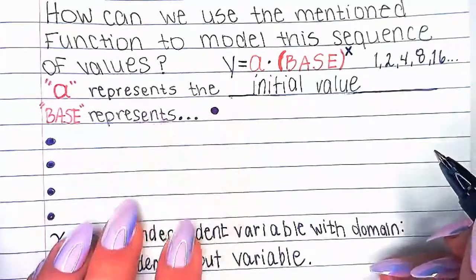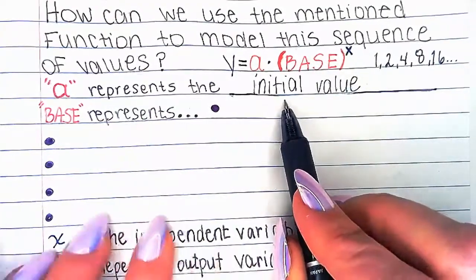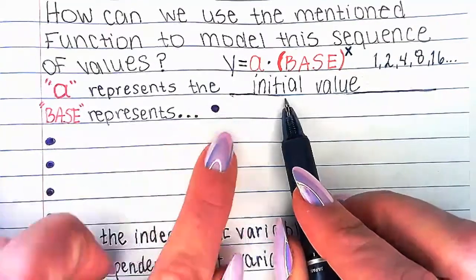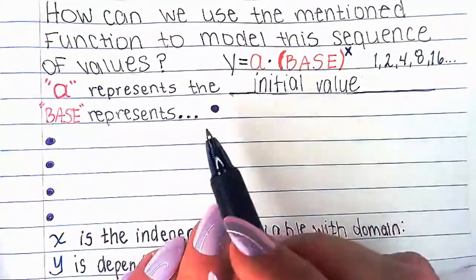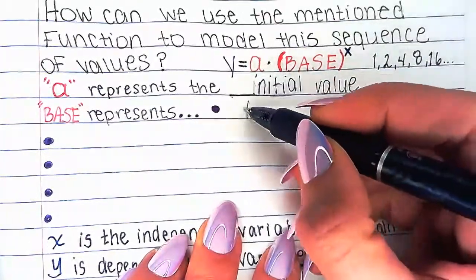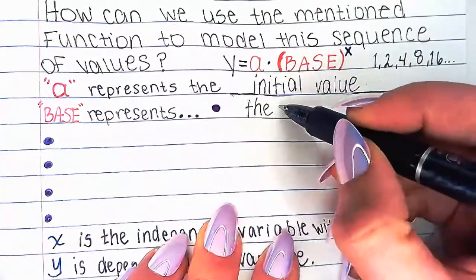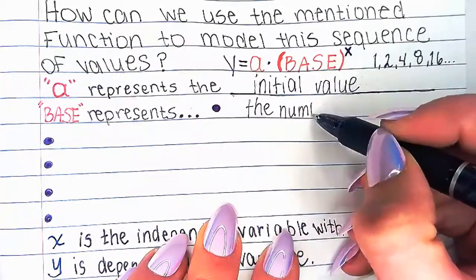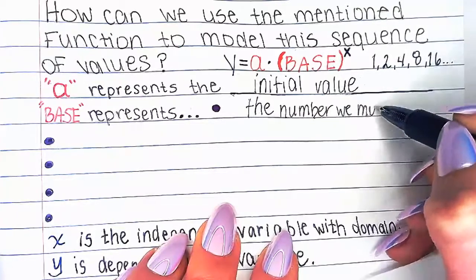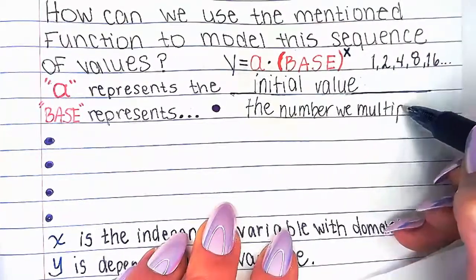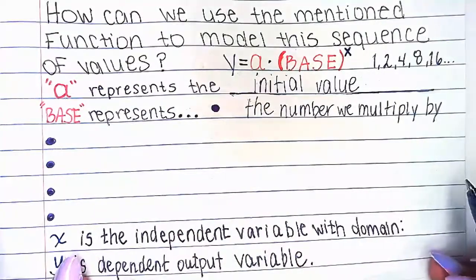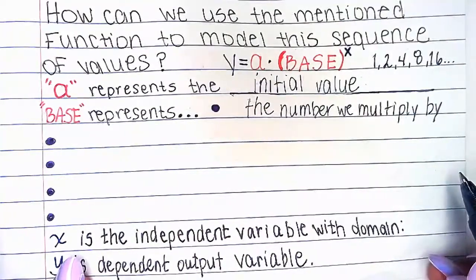It's where you start. Now for the base. This base amount represents, I'm going to list 5 different things here. 1, it represents the number we multiply by. It's the number we do a repetitive multiplication with.